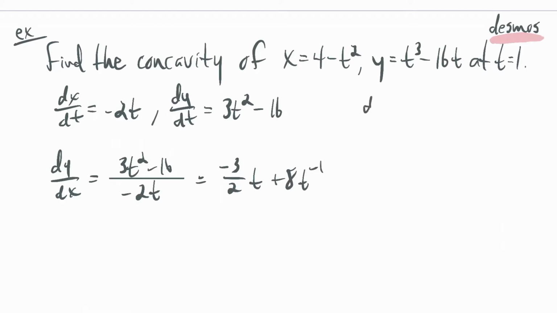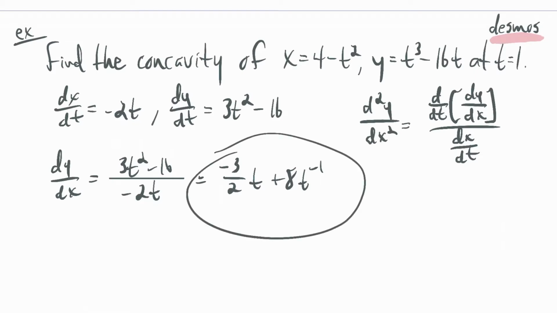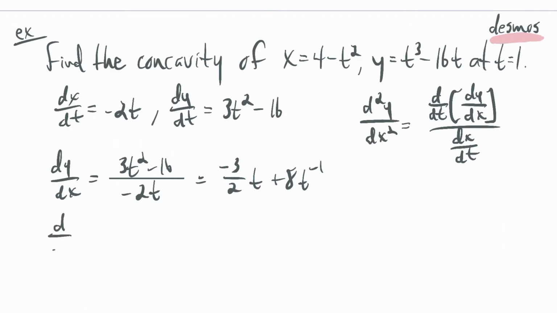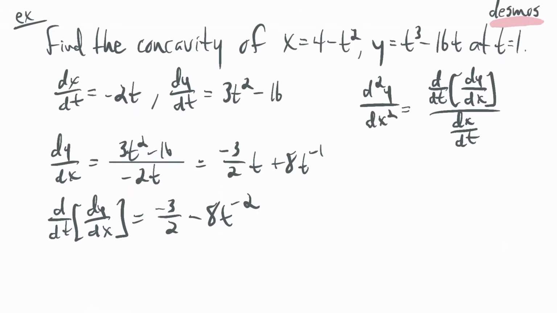And remember we worked out earlier that d squared y/dx squared equals d/dt of dy/dx over dx/dt. Okay. So I need the derivative with respect to time here. So d/dt of dy/dx equals negative 3/2 minus 8t to the negative 2 power. Okay. Then I need to divide that by dx/dt, this guy.